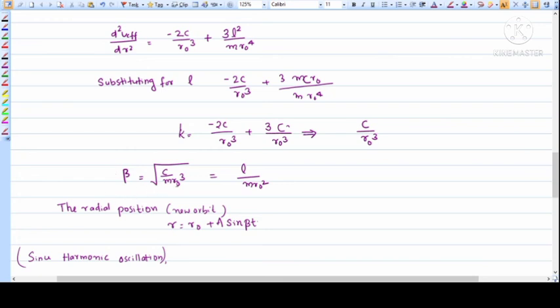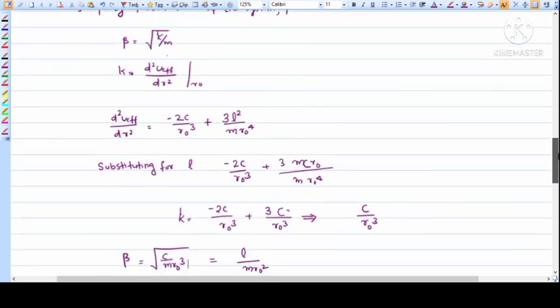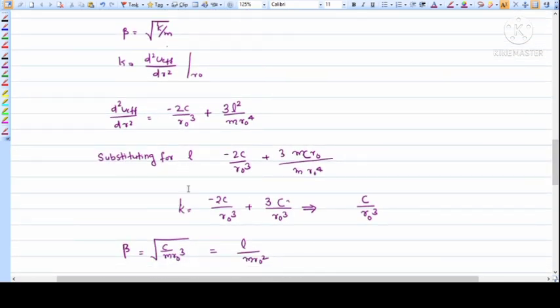beta is equal to root C by M R0 cube, and L is root M C R0, and you substitute for that, you will get this term as L by M R0 square.